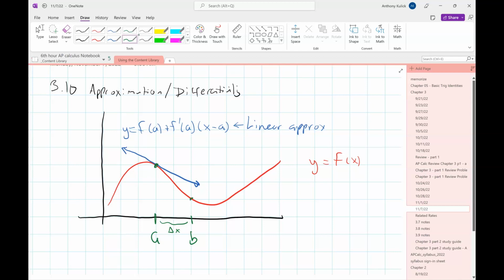So if I look at this point, then that's the point b comma f of b, right? Everybody agree with that? So if I look at this distance here and this distance there, that's like the change in y and the change in x.